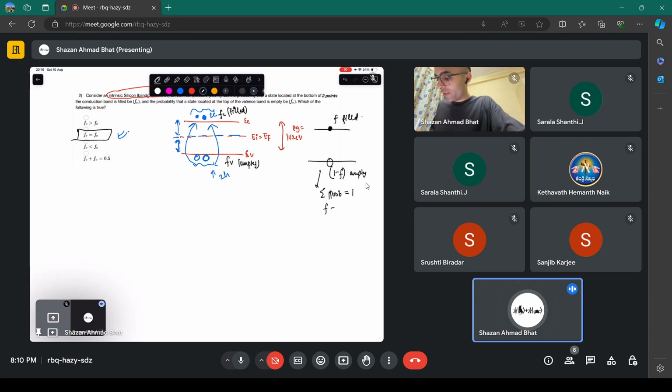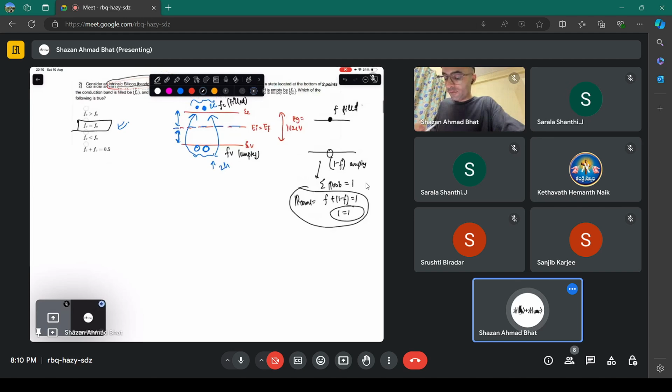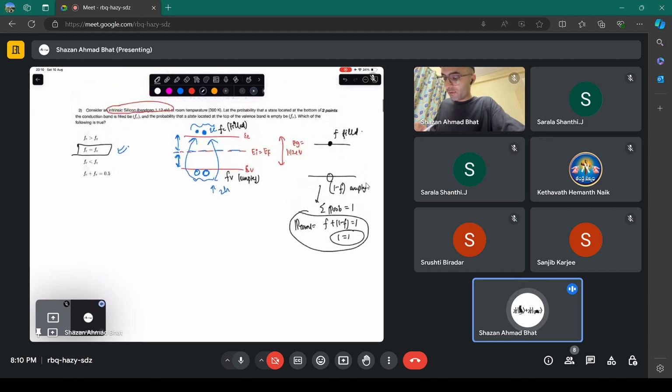That means F plus 1 minus F should be 1. That means the overall total probability is 1. Okay, you got it. That's the simplest explanation, if you kind of understood this.